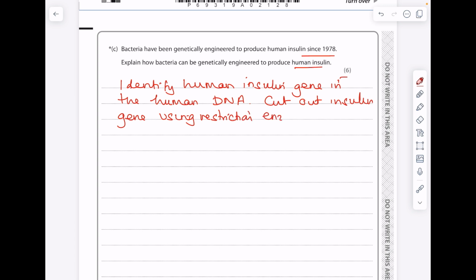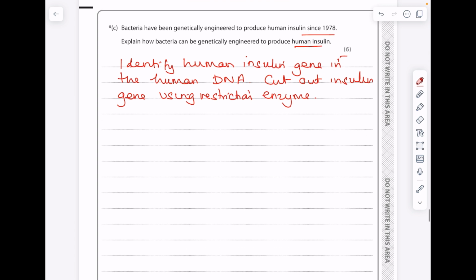Now we need to deal with the bacterial plasmid. Cut out the bacterial plasmid using the same restriction enzyme.